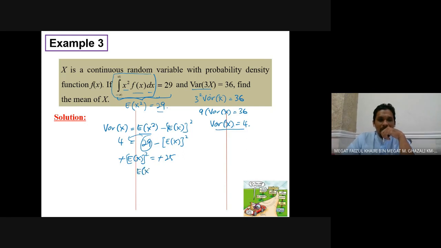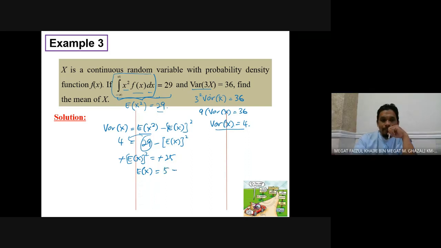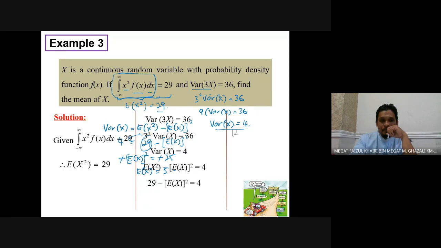So E of x equal to... E of x in bracket squared and then E of x. So square root, right? So class, what is the square root of 25? 5. There you go. Okay, expected of x is plus minus 5.